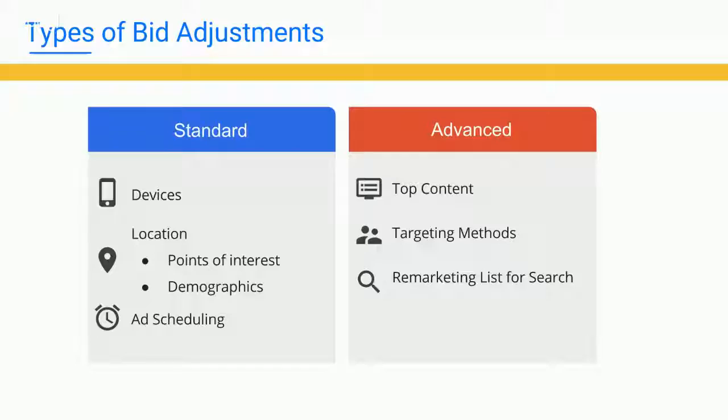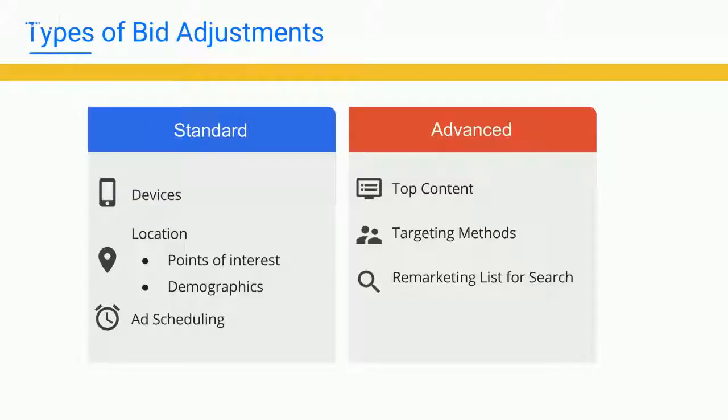We'll use maybe the New York Times as an example. You're really trying to show your ads on the New York Times. You can go through and actually add in a bid increase just for that placement. So say you want to increase your bids for that website up to 50% to make sure that you're getting strong numbers of impressions on it, because maybe that's a really strong site for you.